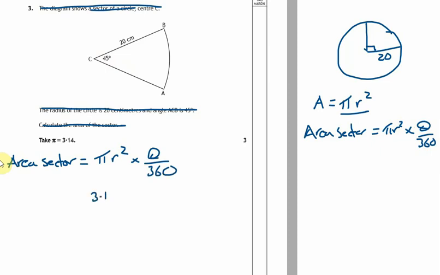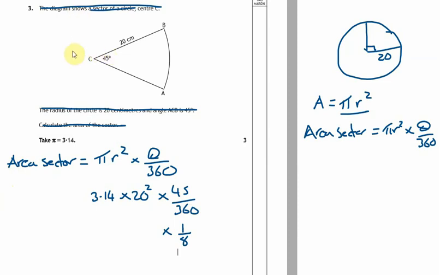So pi is 3.14, r is 20 squared, times 45 divided by 360. The first thing I'm going to do is reduce 45 over 360, and I know that's an eighth, because 45 degrees jumps out a mile.